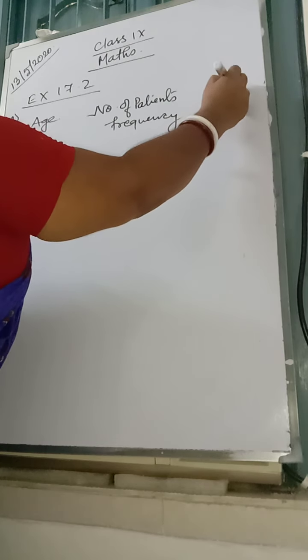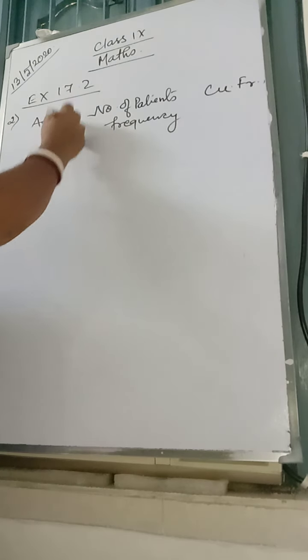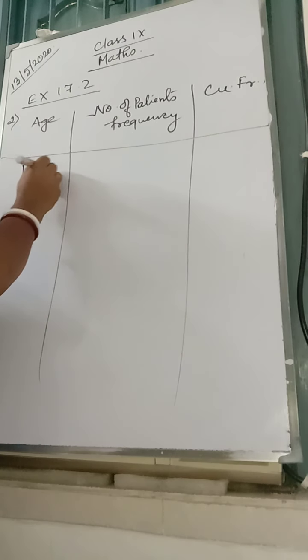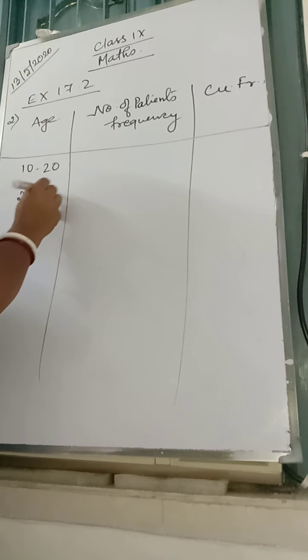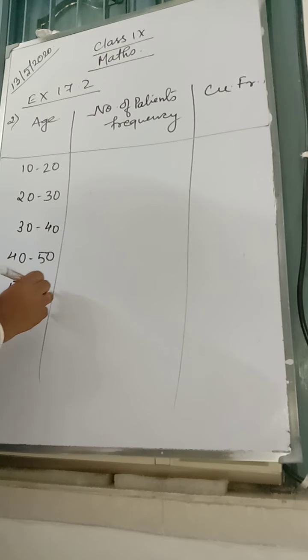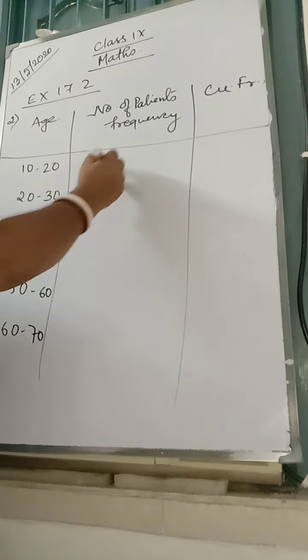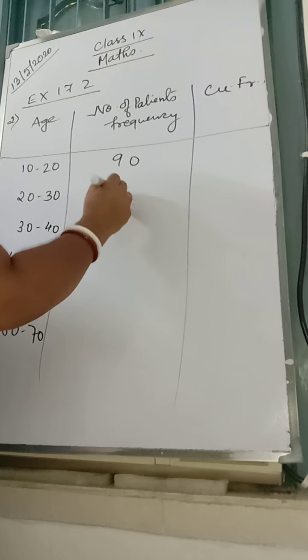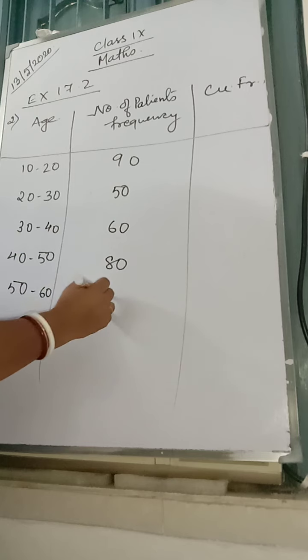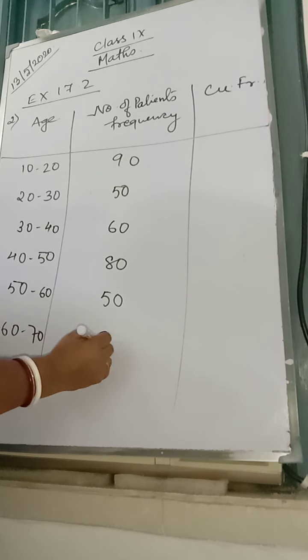Next is cumulative frequency. Done. The classes are 10 to 20, 20 to 30, 30 to 40, 40 to 50, 50 to 60 and 60 to 70. Number of patients are 90, 50, 60, 80, 50 and 30.